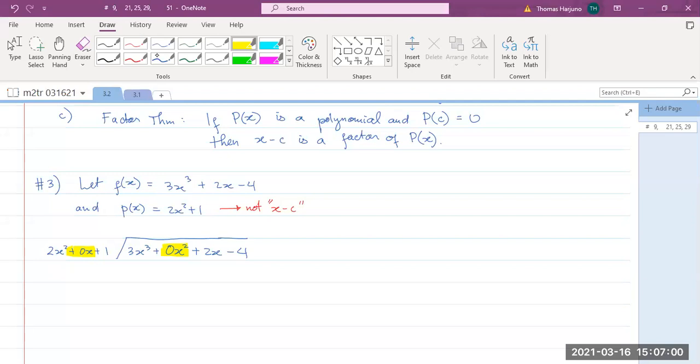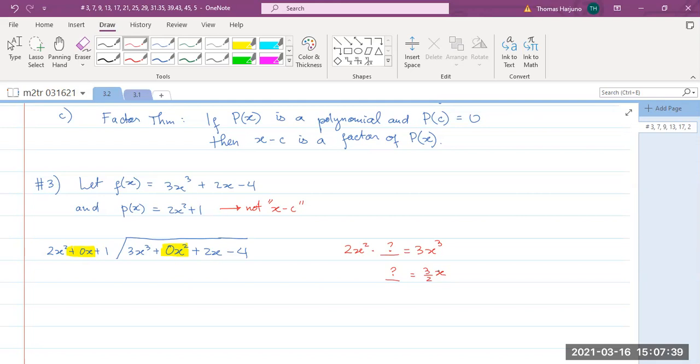Now we see 2x squared times what equals 3x cubed. That will be 3 over 2 x. Think about that: 2 times what gives us 3? 3 over 2. And x squared times what gives us x cubed? We need another x.